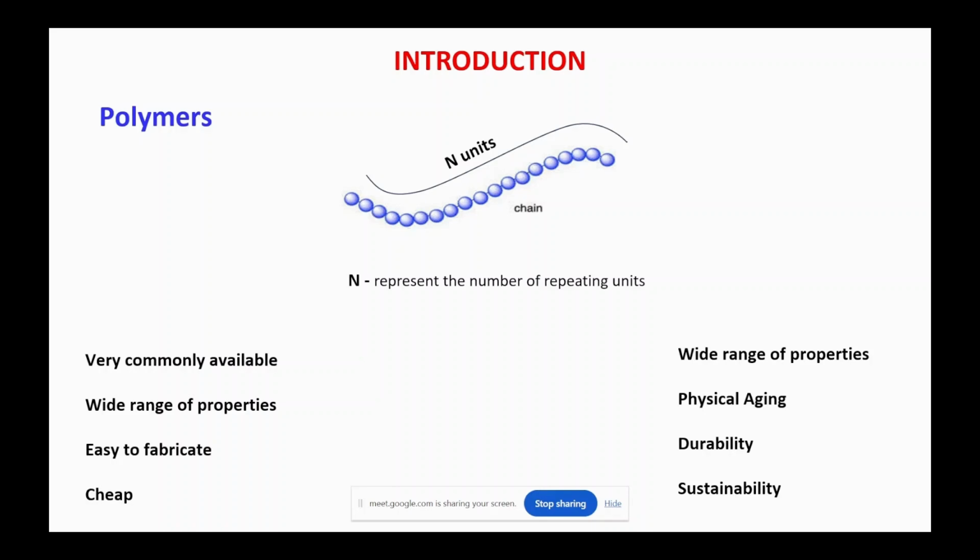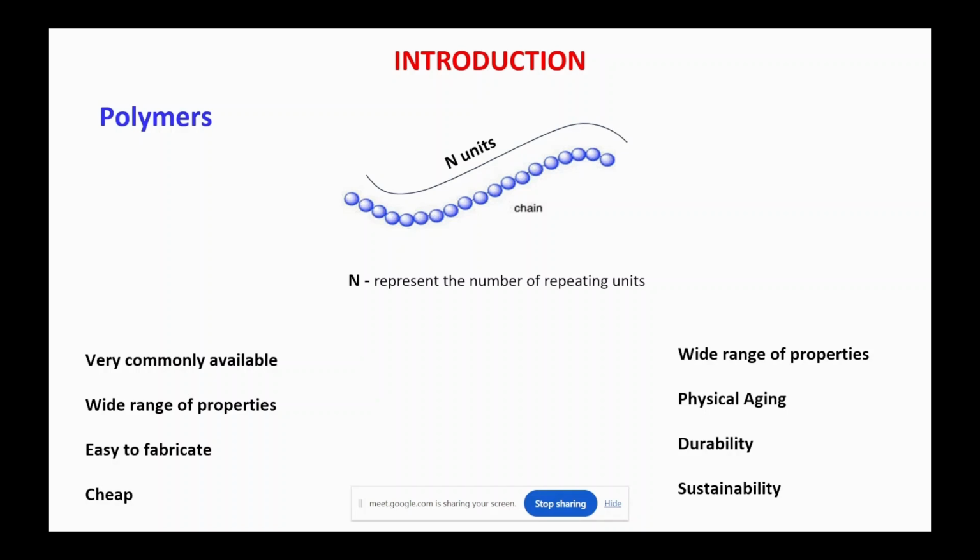So three things will be governing factors which will guide the polymer properties. The first is the molecular structure, next comes the molecular weight, and afterwards the distribution of the molecular weight. So how narrow or broad is the molecular weight distribution?